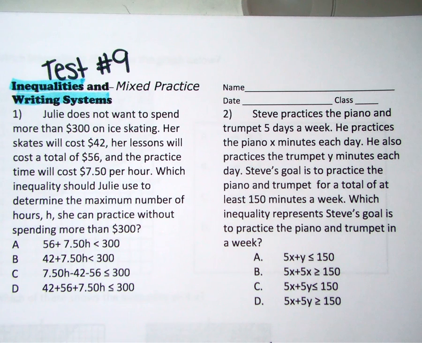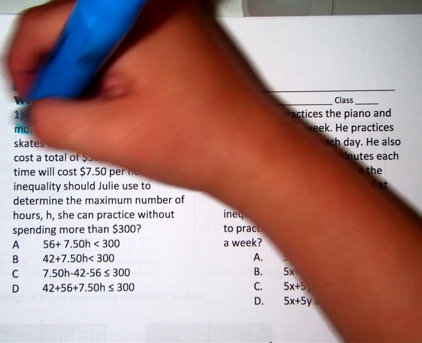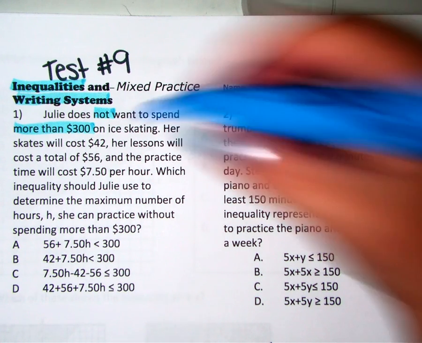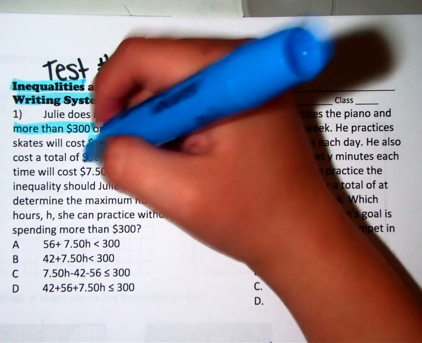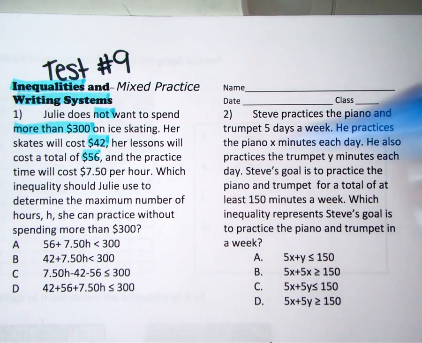So Julie does not want to spend more than $300 on ice skating. Her skates will cost $42. Her lessons will cost a total of $56. So those are both one-time payments.